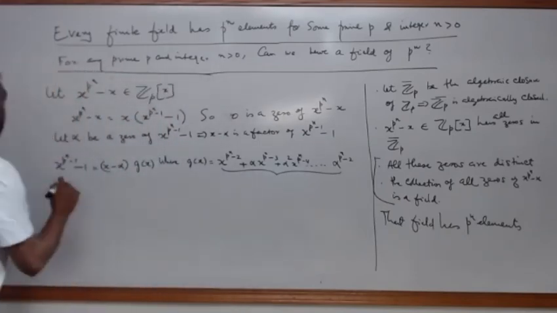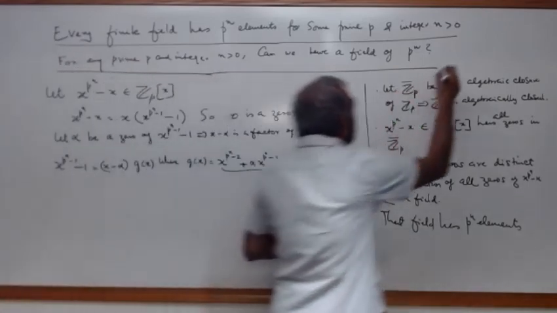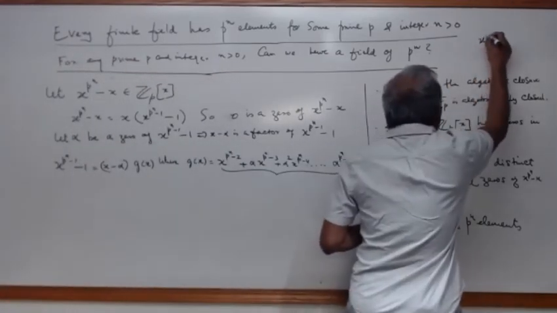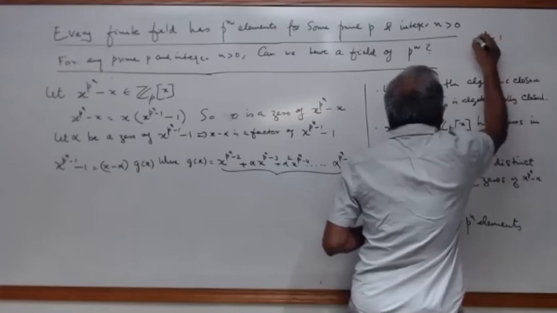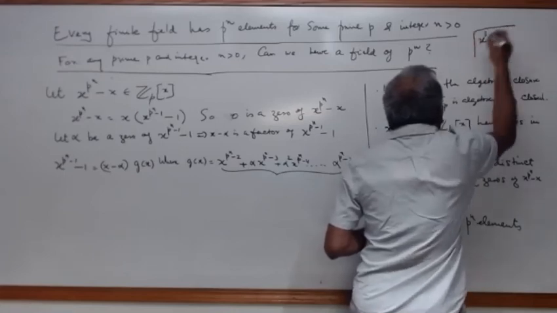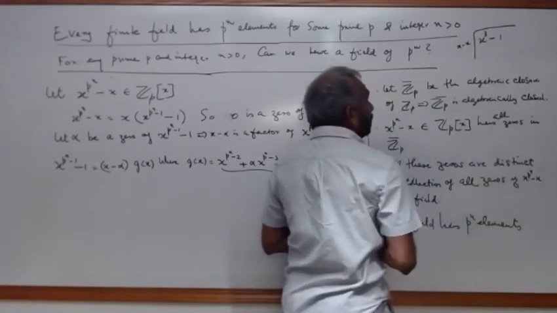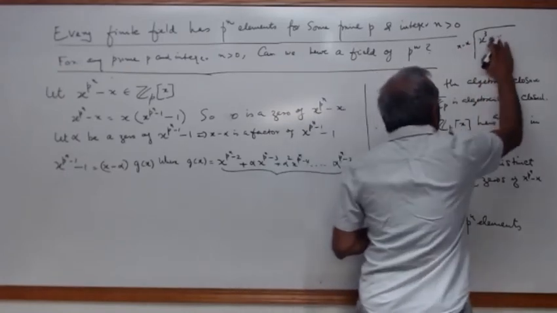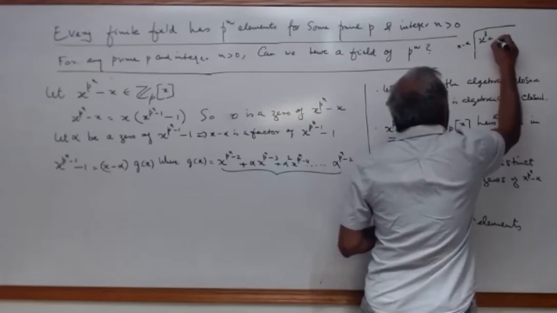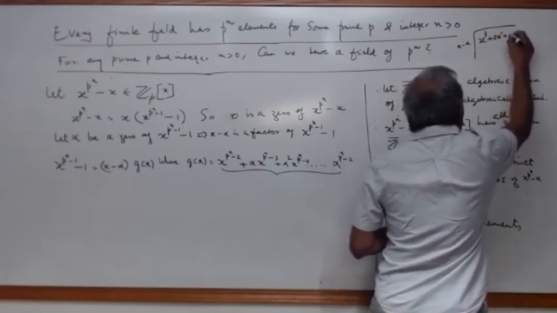See, for just an example, you say x cube minus 1 divided by x minus alpha. So this will be x cube plus 0 x square plus 0 x minus 1.